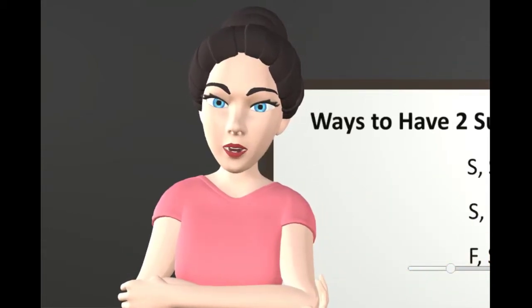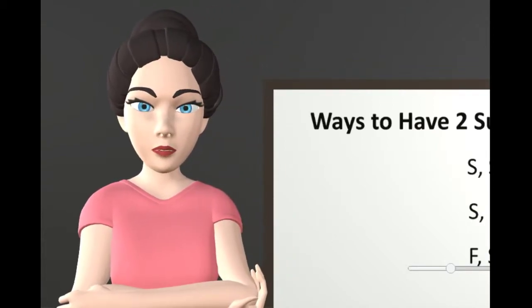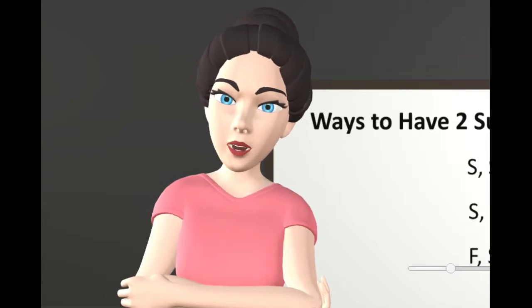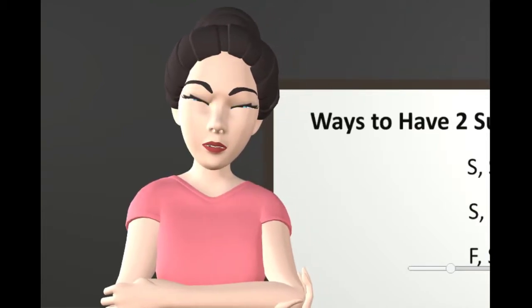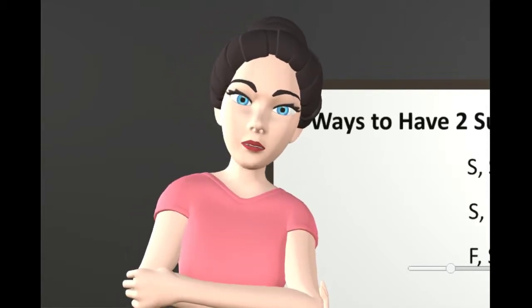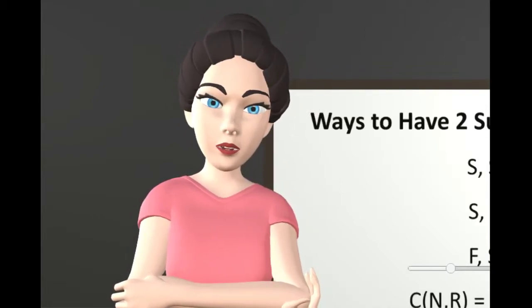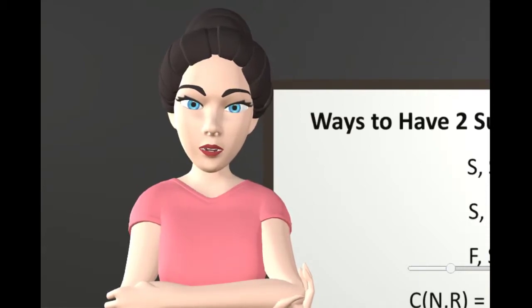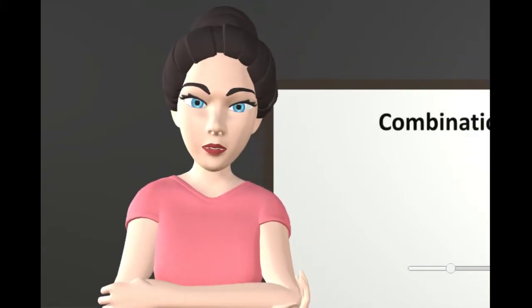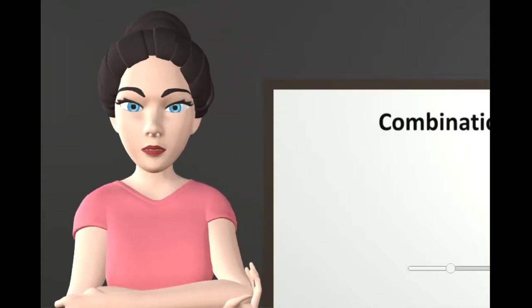As you can see in each sequence, there are 2 successes and 1 failure. The number of different sequences having R successes in n trials is called the number of combinations. In this example, there are 3 combinations for a sequence having 2 successes out of 3 trials.